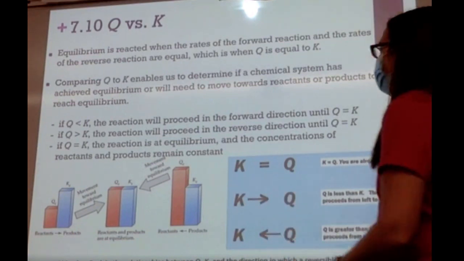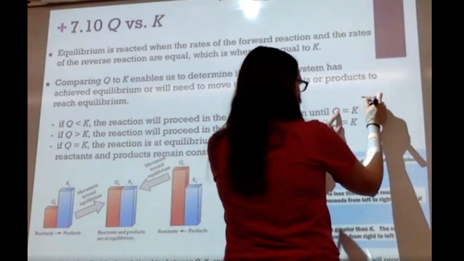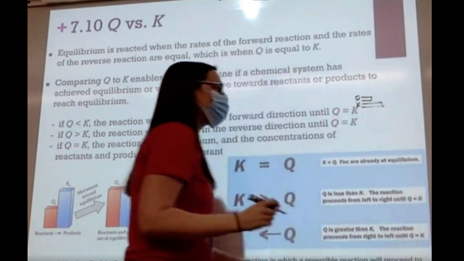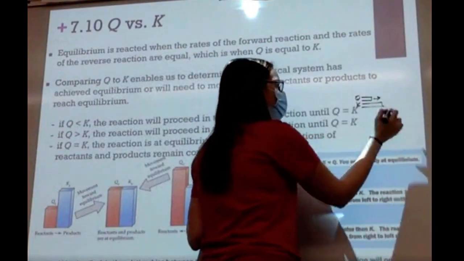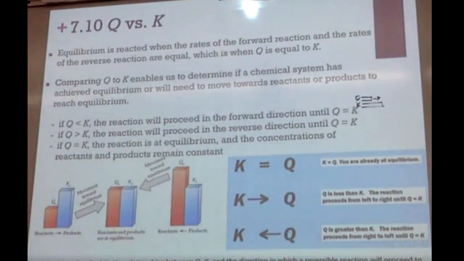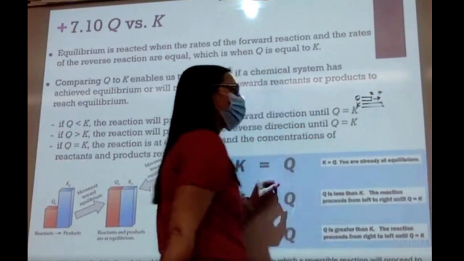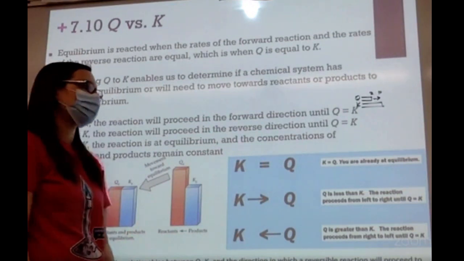Here, Q is less than K. So when Q is less than K, the reaction proceeds from left to right. Reactants create more products in order to achieve equilibrium, because if Q is less than K, that means we don't have enough products.